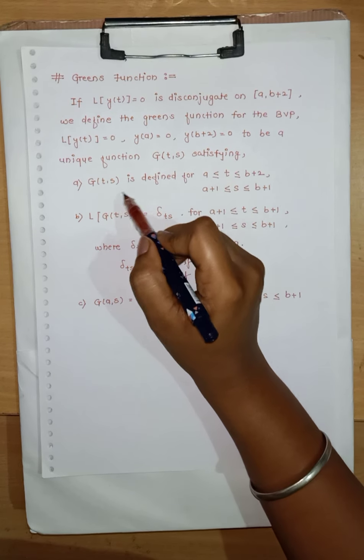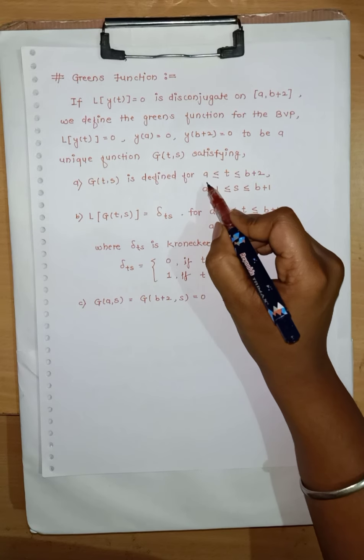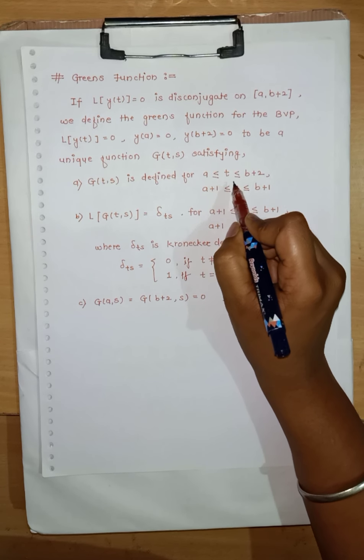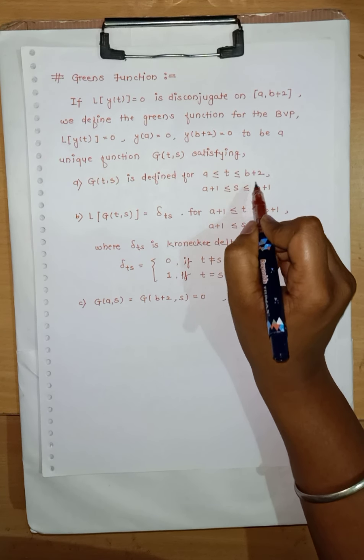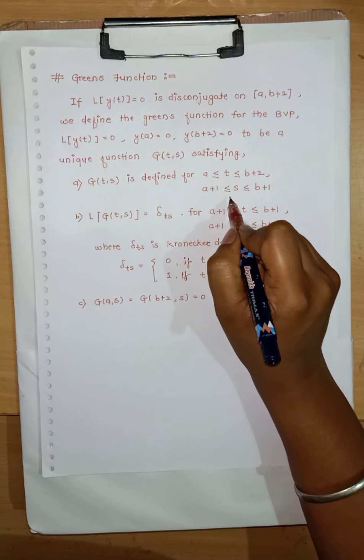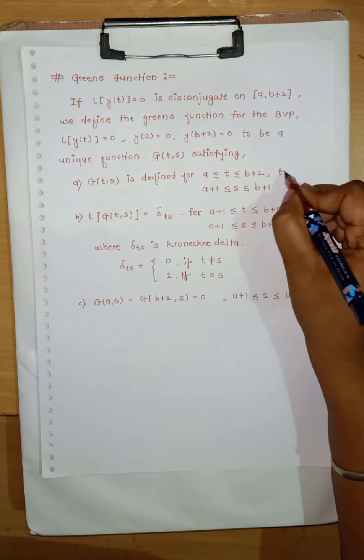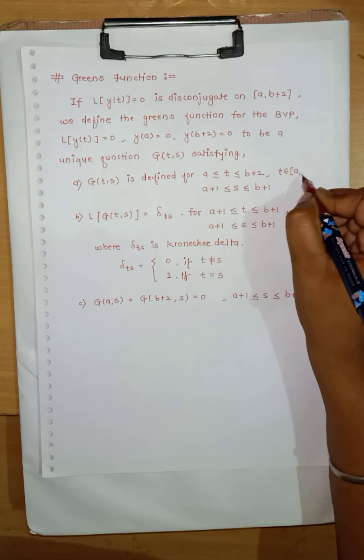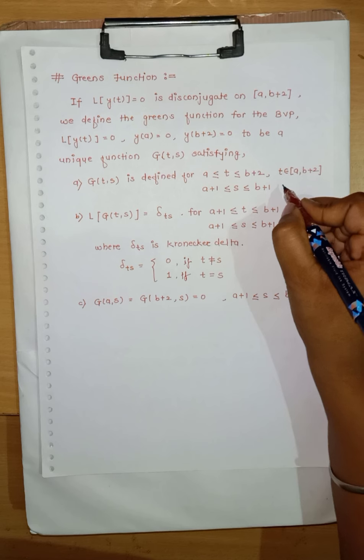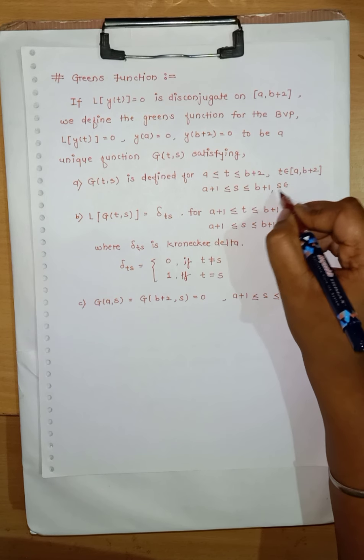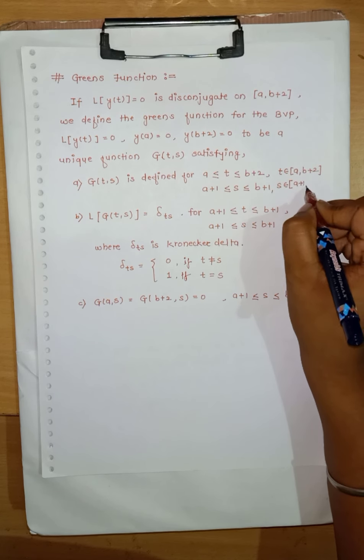First, g of t, s is defined for a ≤ t ≤ b+2 and a+1 ≤ s ≤ b+1, that is, t belongs to the closed interval [a, b+2] and s belongs to the closed interval [a+1, b+1].